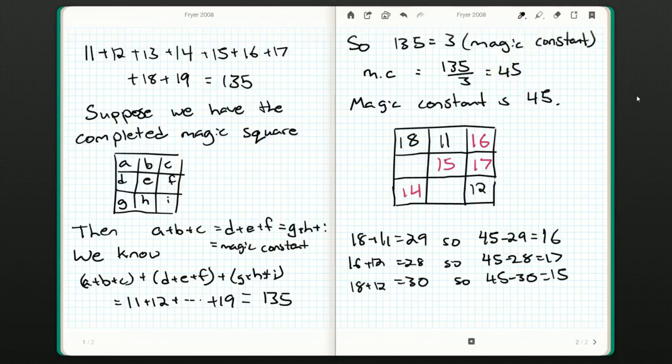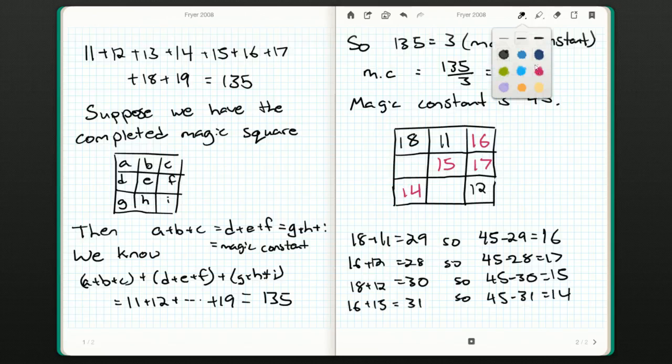I'll just explain why. 16 plus 15, that's 31. 45 minus 31 gives us 14. It has to be in here. And then the last two, we're going to get 19 here and we're going to get 13 here.